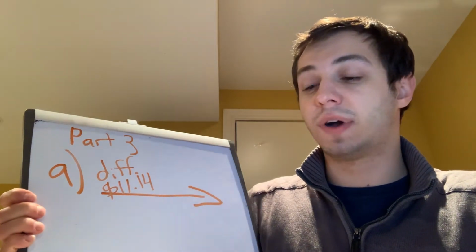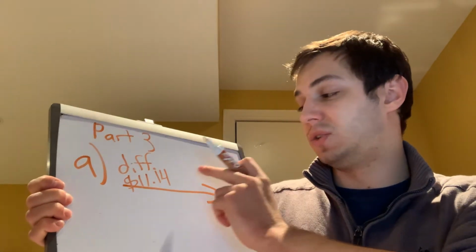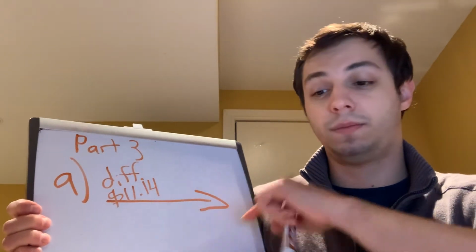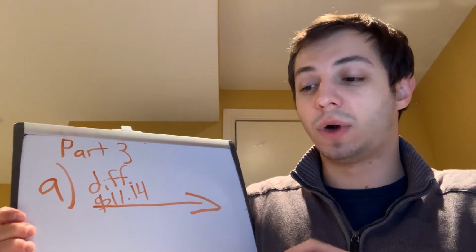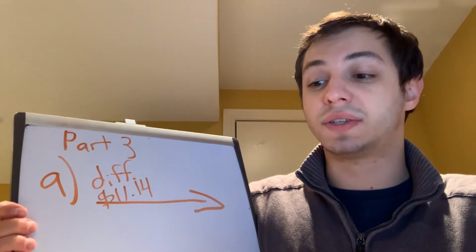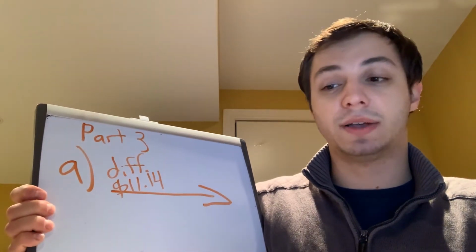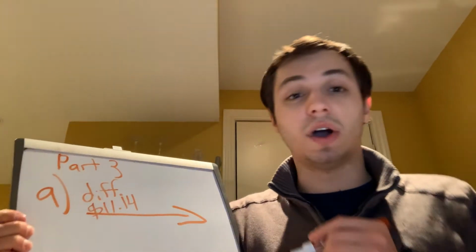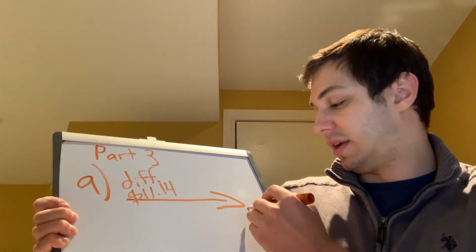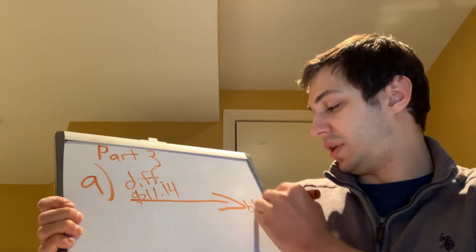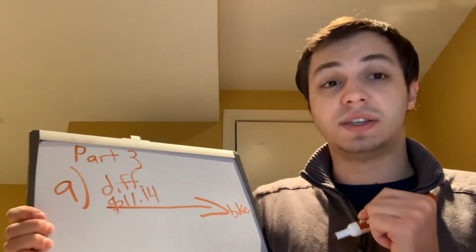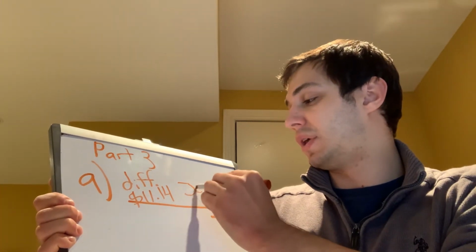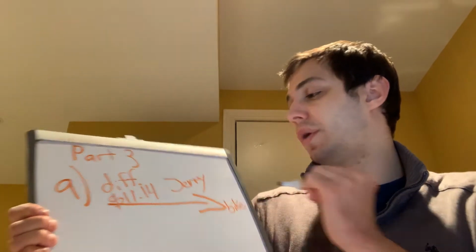Now we have to figure out the names of our last two categories, or what will be our second small number and our big number. So we know it tells us in the question that the bike costs more than what Jerry has, right? So since the bike costs more, the bike will be our big number, and it'll go at the end of the arrow. So this will be the bike. And then since Jerry has less than the price of the bike, Jerry will be our other small number.